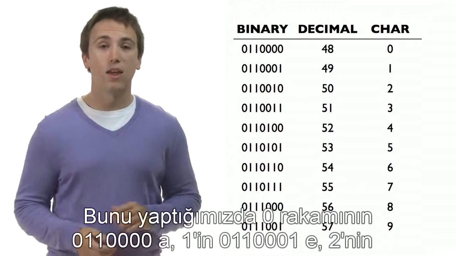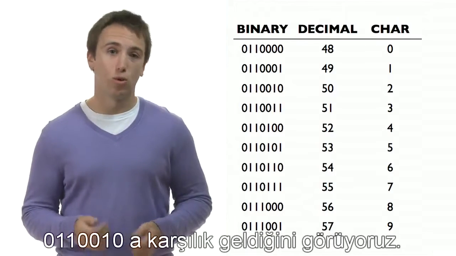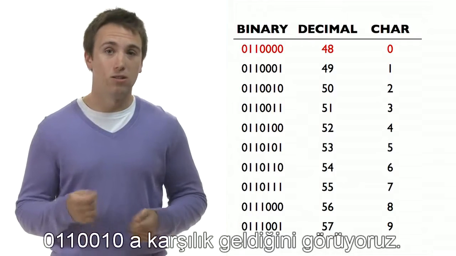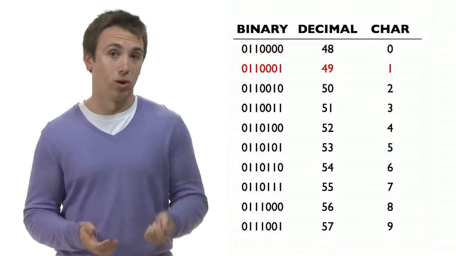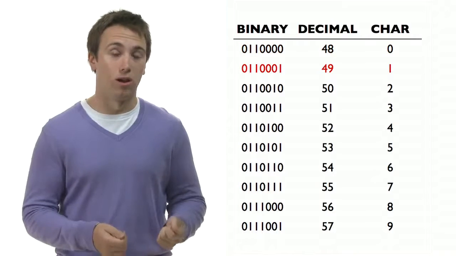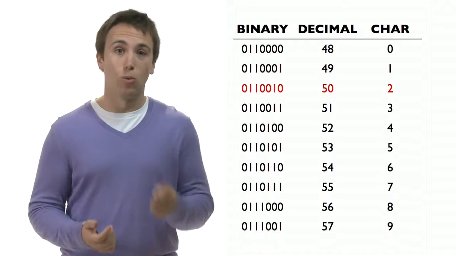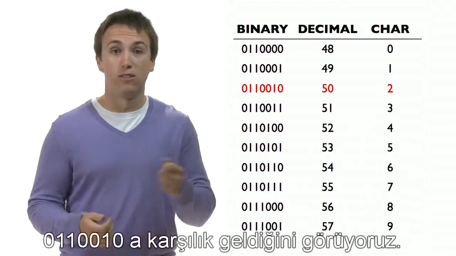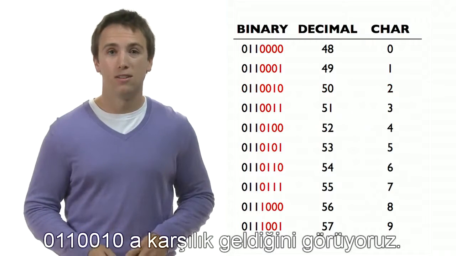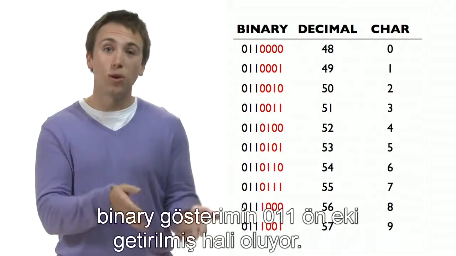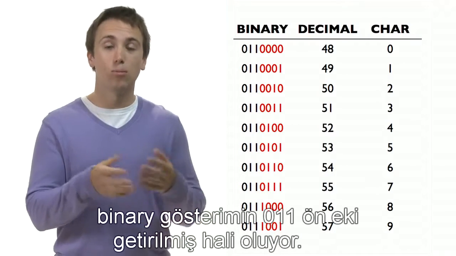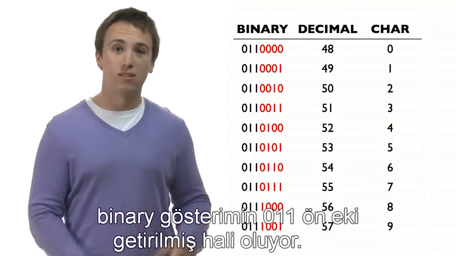If we do that, then we see that the digit character 0 corresponds to 011 0000, 1 maps to 011 0001, 2 to 011 0010, and so on. See the pattern? Each digit character is mapped to its corresponding equivalent in binary notation, prefixed with 011.